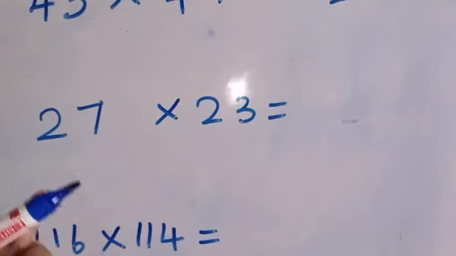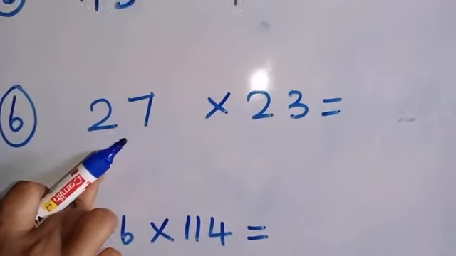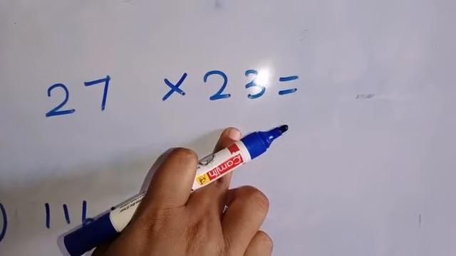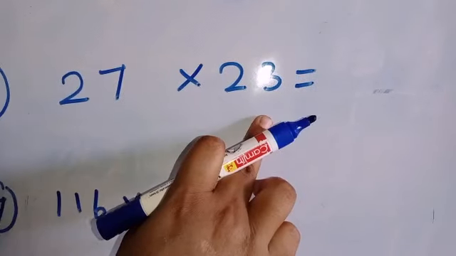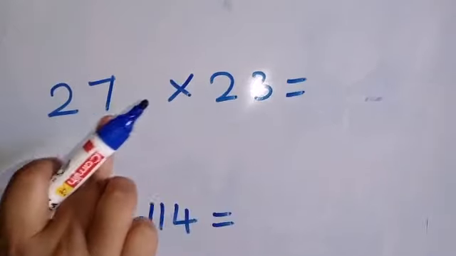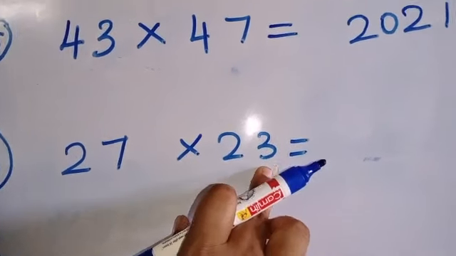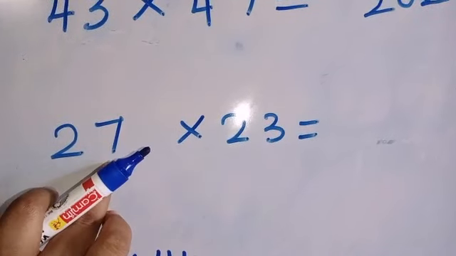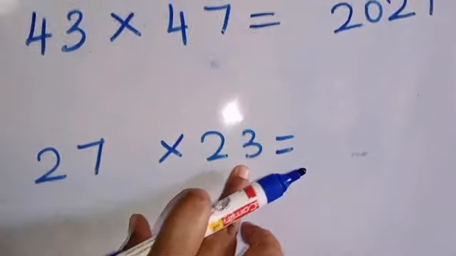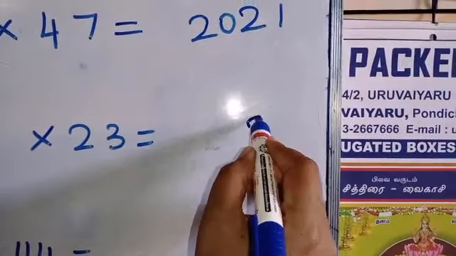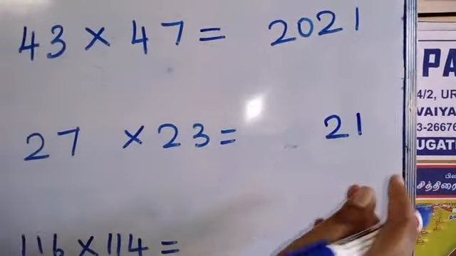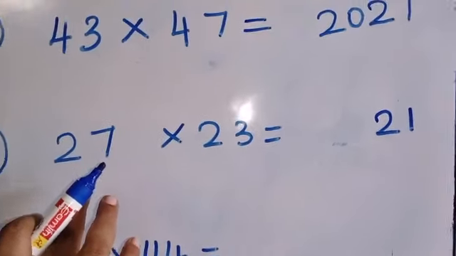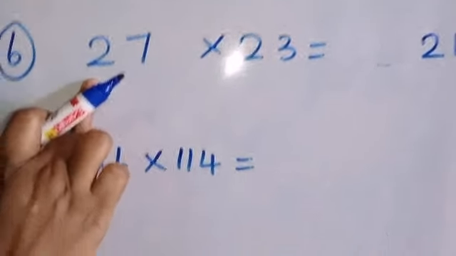Next, sixth one: 27 into 23. The last digits are 7 and 3. 7 threes are 21. Next, this is 2.